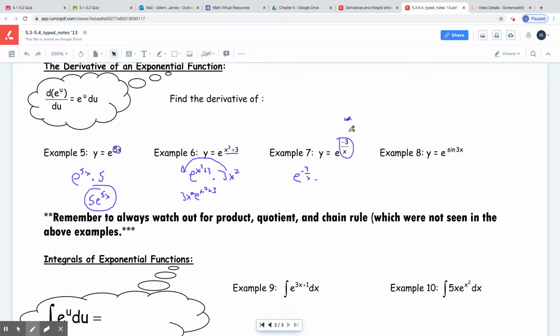This is negative 3 x to the negative first. Doing derivatives, not integrals. So you bring out the negative 1 times negative 3, which gives you 3x to the negative second. Then you just move that to the front, and it's 3 over x squared times e to the negative 3 over x.